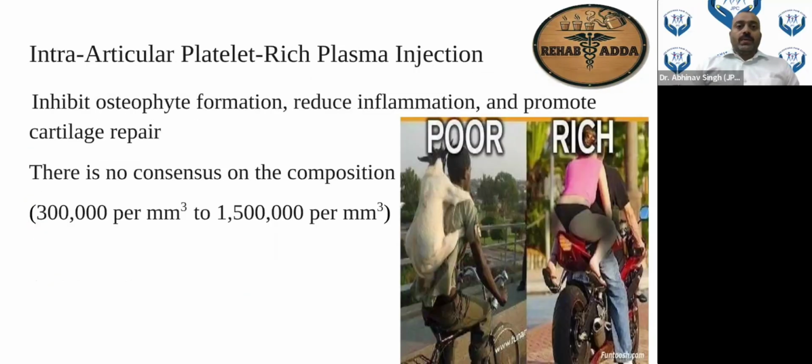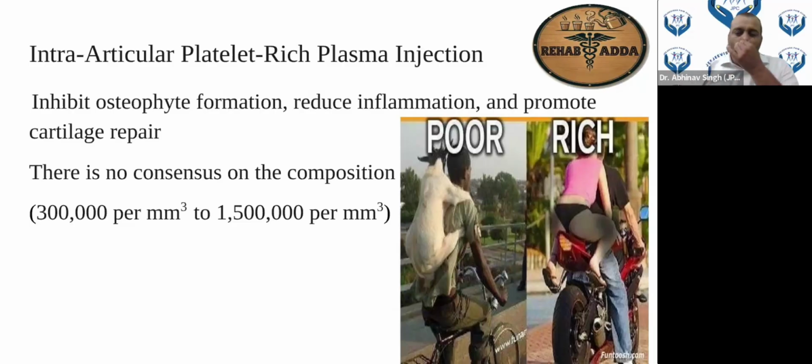Now, on the same principles as platelet-rich plasma acts prolotherapy, the dextrose prolotherapy that is being given, or even normal saline, which has shown some good results in some of the studies. Dextrose again works like an inflammation concentration. What concentration of dextrose should be used? It is again variable.